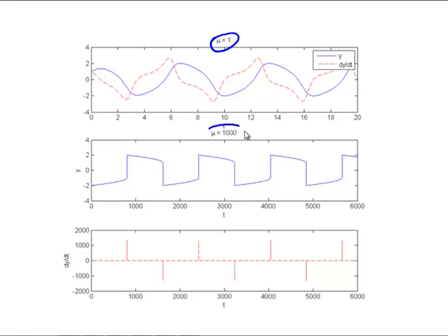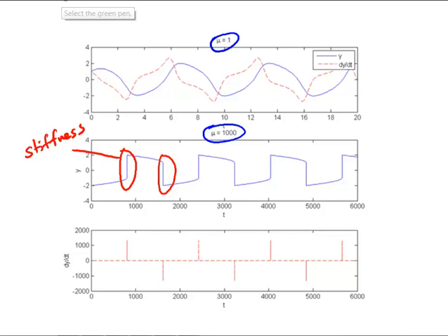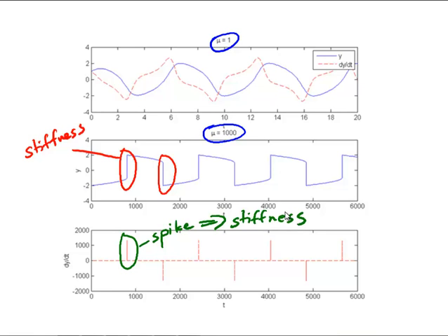When mu goes to 1,000, we see this really abrupt periodic change, and that is an indication of the stiffness in the system that we can also see in the plot of the derivative. That spike in the derivative is another indication of stiffness in the system.